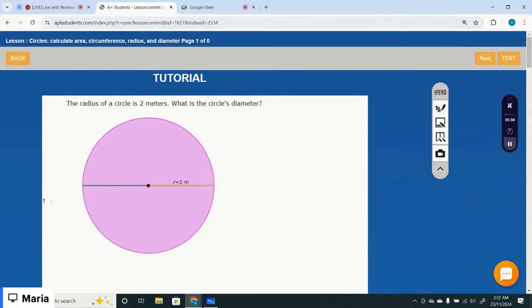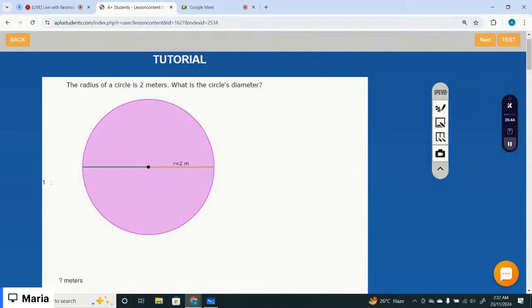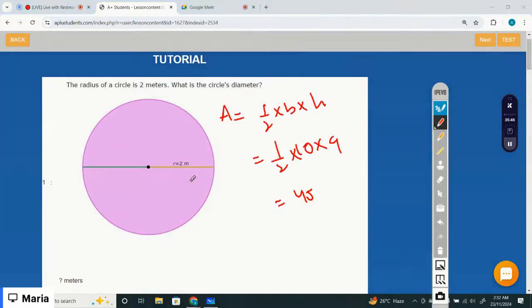What is the radius of the circle? Sorry, the radius of the circle is 2 centimeter. What is the circle's diameter? The radius is from the center of the circle to any point on the circle, right? And the diameter is the line that passes through the center of the circle and touches the circle at 2 points.